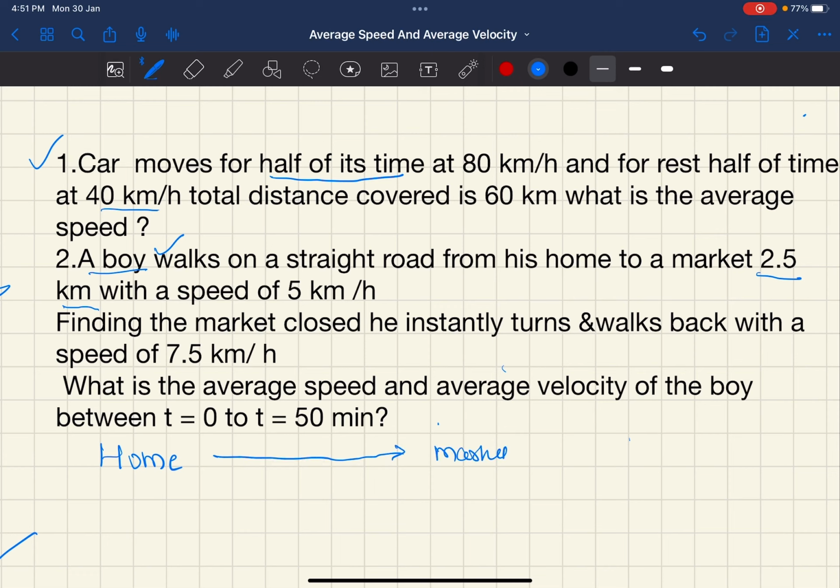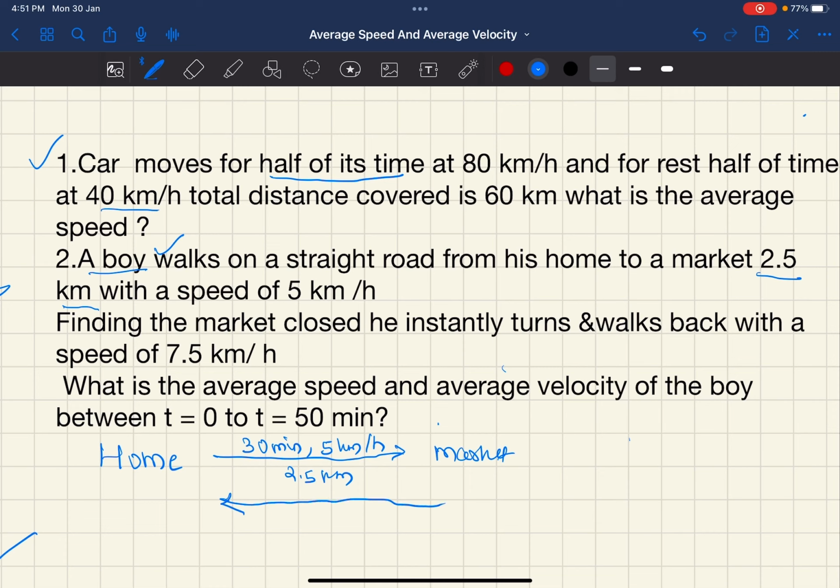He takes 30 minutes, which I had calculated, because he is traveling at a slow speed, and he covers 2.5 kilometers. But because the market is closed, he immediately comes back. He does not wait, so the time he waits in the market is 0.